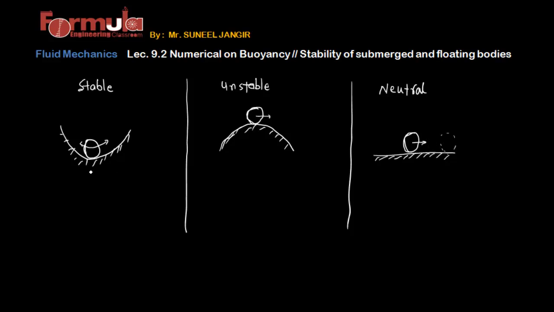Okay, so we have three categories: stable, unstable, and neutral. First we will try to define the stability of submerged bodies.